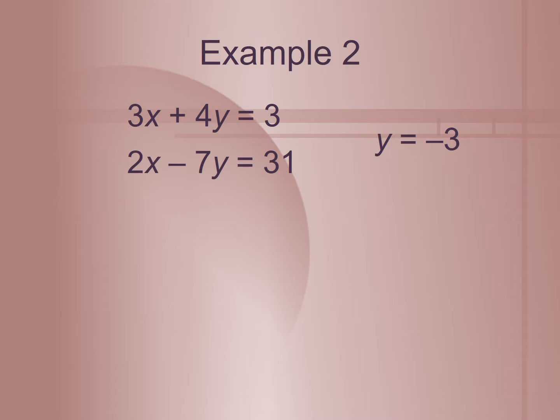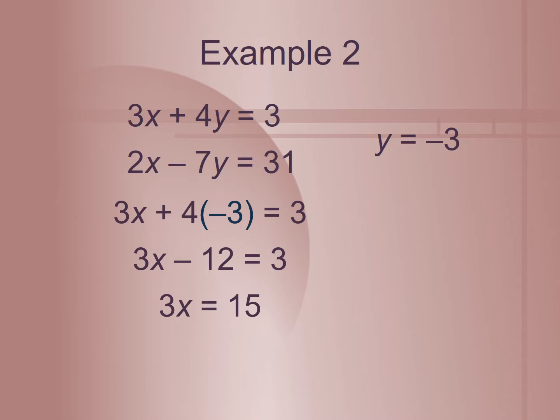Since we know y is negative 3, we can substitute it back into the first equation and solve for x. It becomes a two-step equation. Add 12 to both sides, then divide both sides by 3. So now we know that our solution is (5, negative 3).